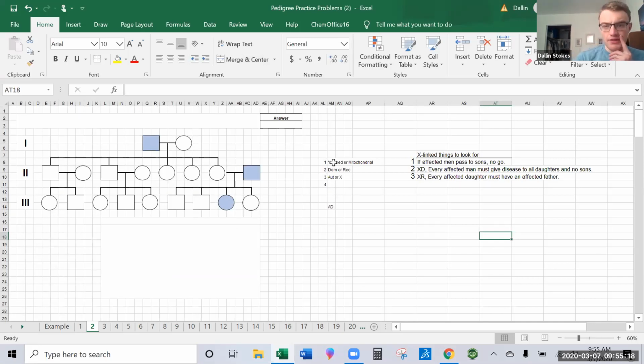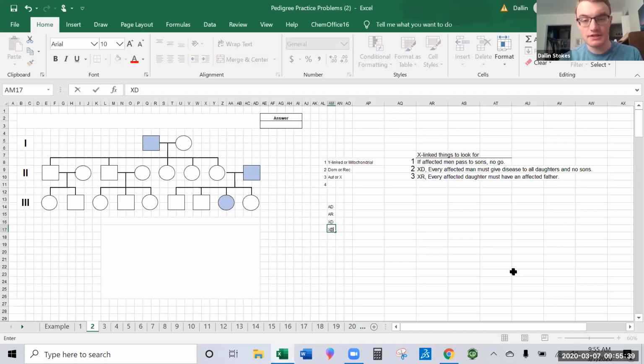So on this one, we have our three rules. We have Y-linked. So we have the first three rules. I'll add the fourth one here. I realized I didn't hit the fourth rule. Okay. Y-linked or mitochondrial. So if we bring our options back here: autosomal recessive, X dominant, X recessive, Y-linked, or mitochondrial.